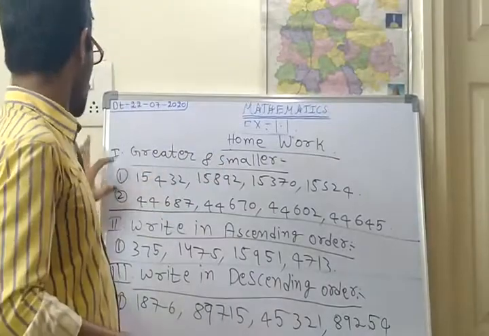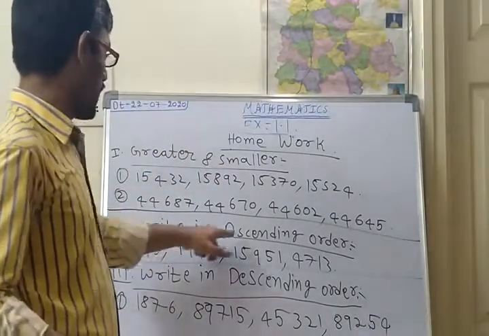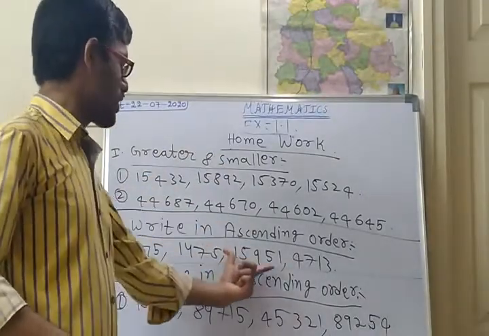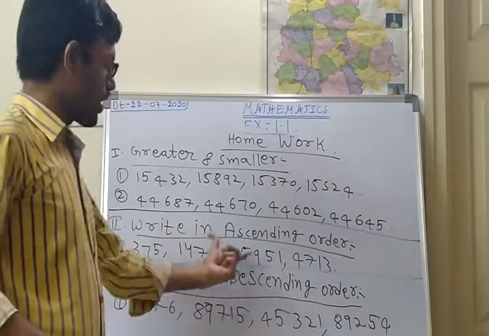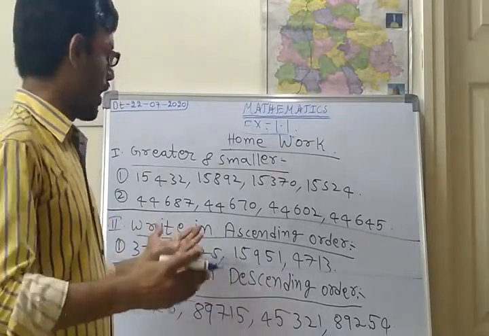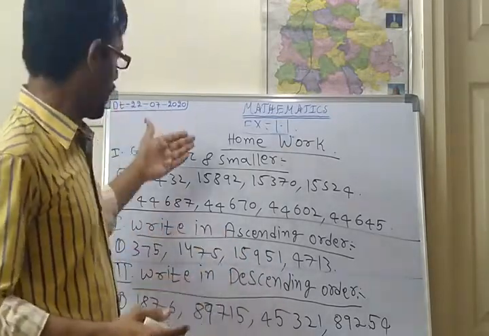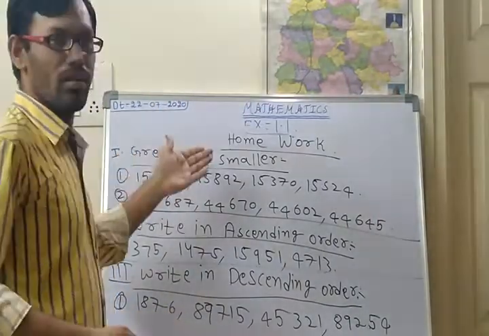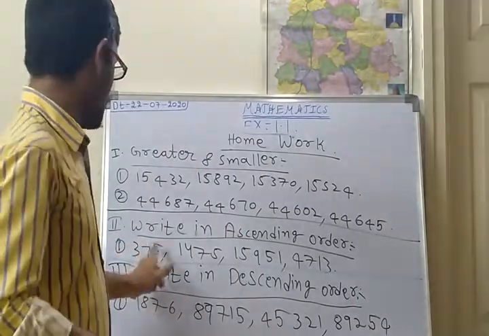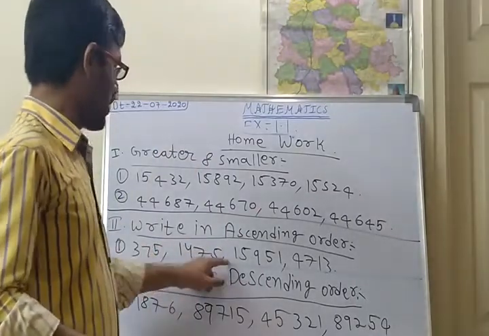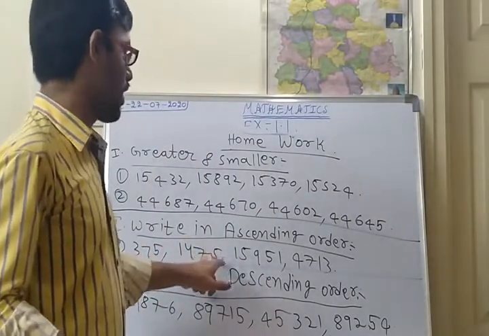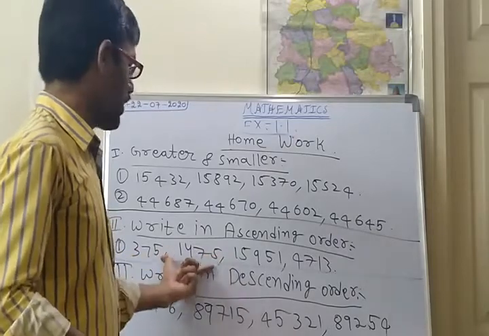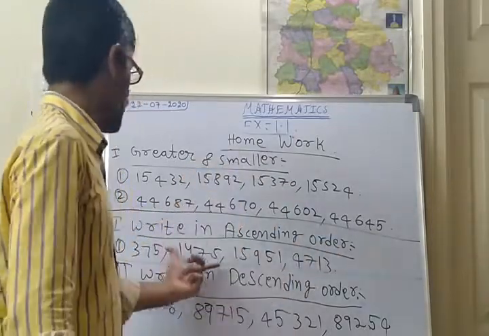In the second method, write in ascending order. 4 numbers are given. First count the number of digits and write down with the help of the method I have said in the class. Write down the ascending order and try the descending order also. If you get the ascending order, just reverse it and that is the descending order.